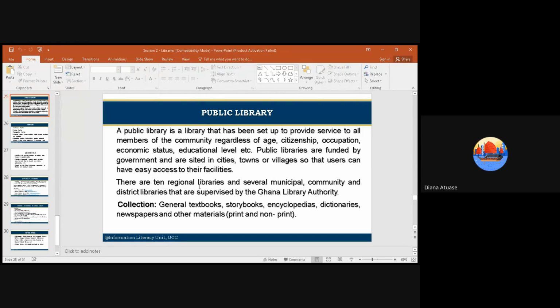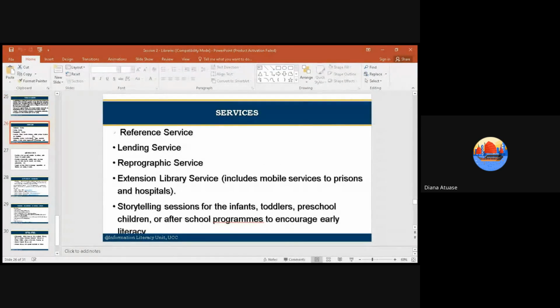So they provide services for, as I mentioned, community members. So now we have 16 regions, and I'm sure we should have public libraries around all those regions, and even our communities. Sometimes we have access to public libraries.